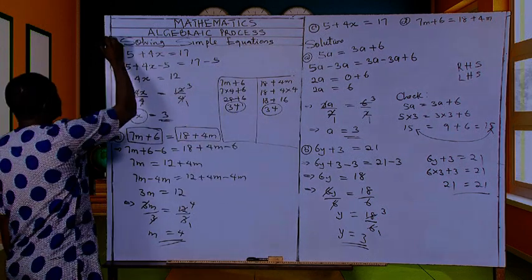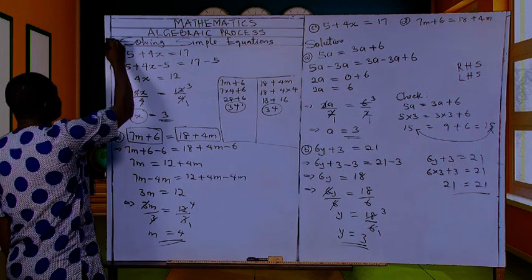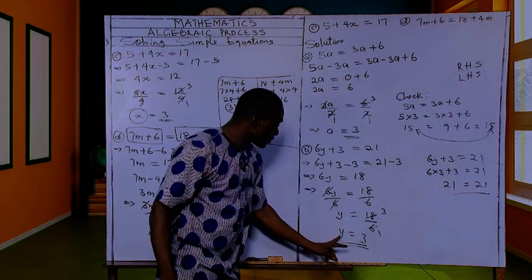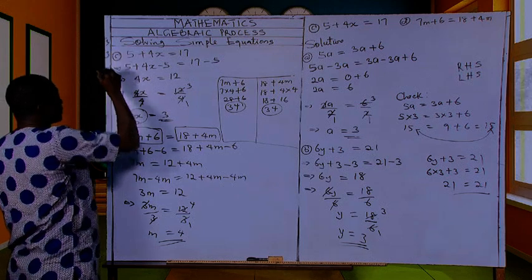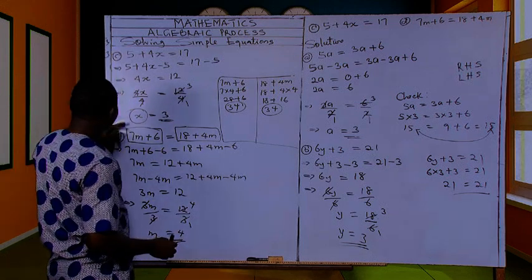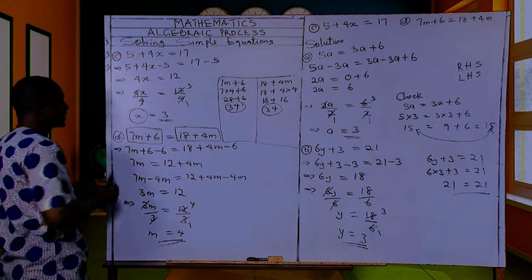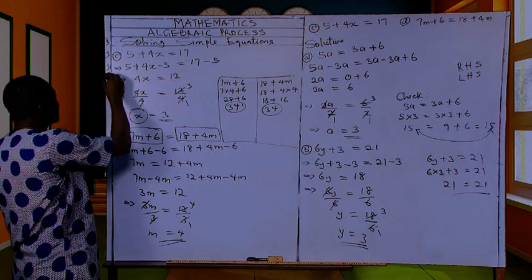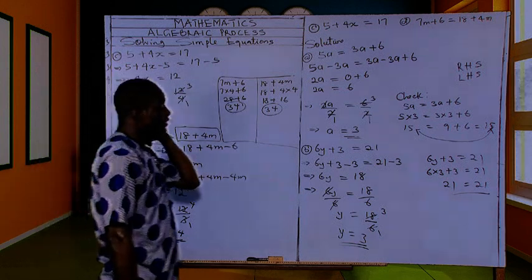The first, we got the value of A to be 3. The second question, we got Y to be 3. C, the answer is 3 also. Then the last one is 4.